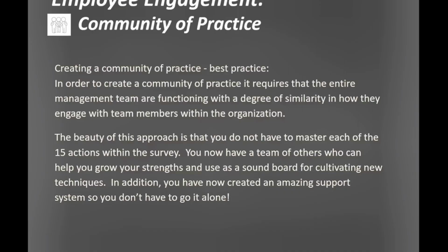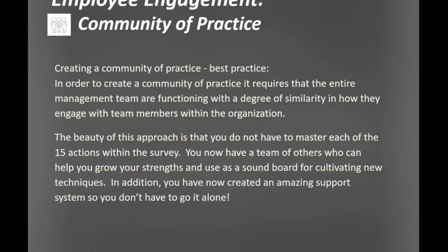When I have a specific need around one of these 15 different actions, I might not be good at it, but my manager peer, Jane, might be very good at it. So I can go to Jane, knowing that she's mastered this particular area of engagement, and she can help me strategize on some ways to do that.